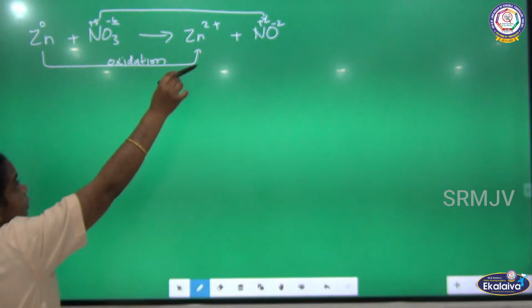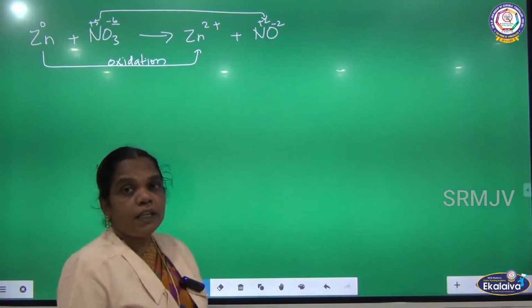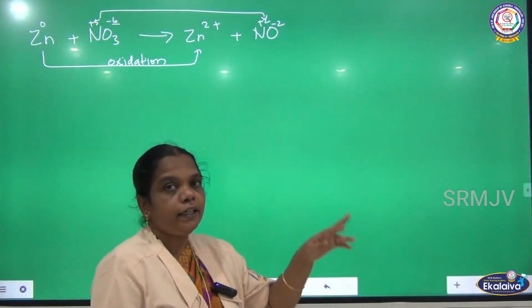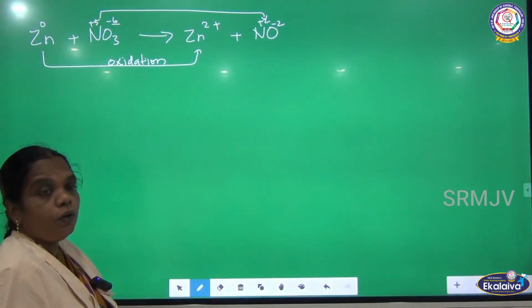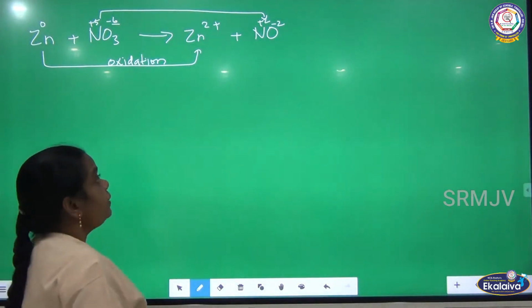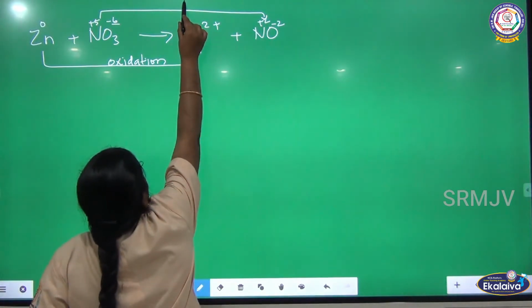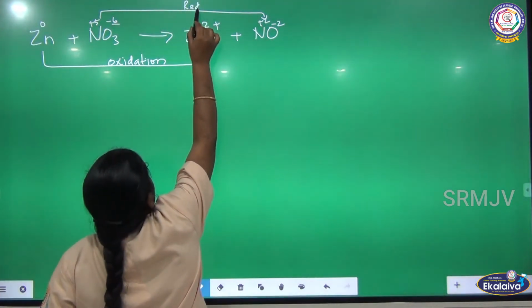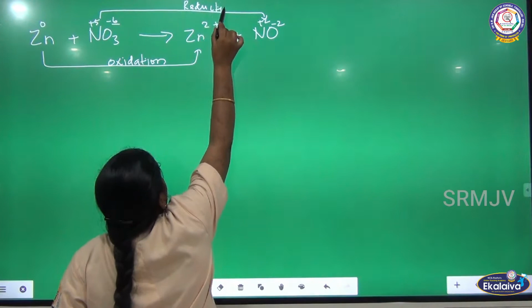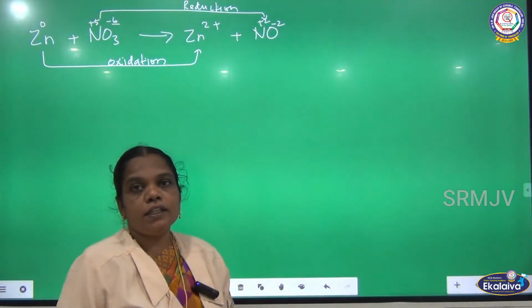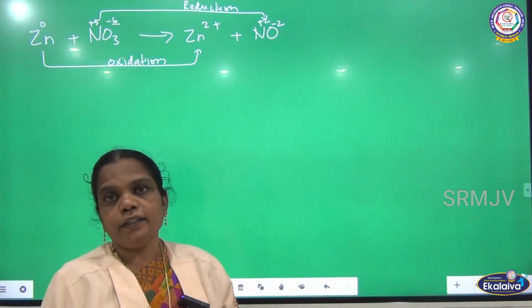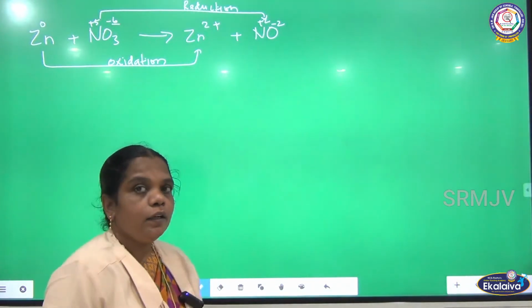And for nitrogen you see here plus 5 to plus 2, a decrease in oxidation number. So reduction is going to take place in nitrogen. So now you find out the zinc undergoes the oxidation process and the nitrogen undergoes the reduction process.